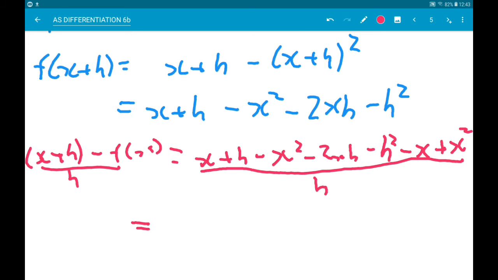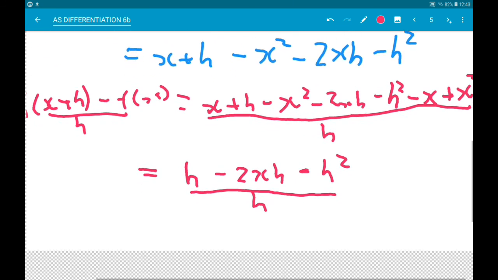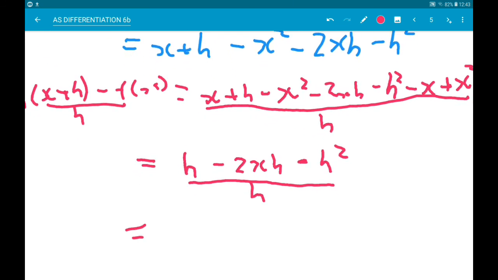So we get left with h minus 2xh minus h squared over h. Which is 1 minus 2x minus h.